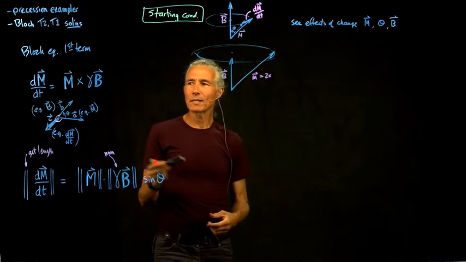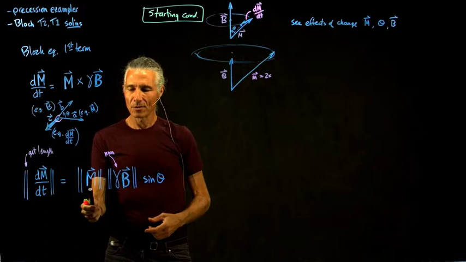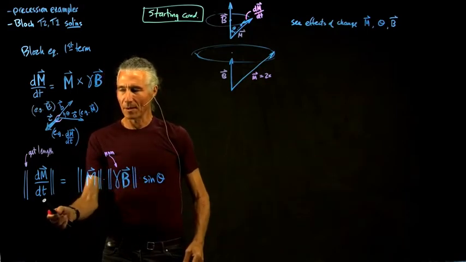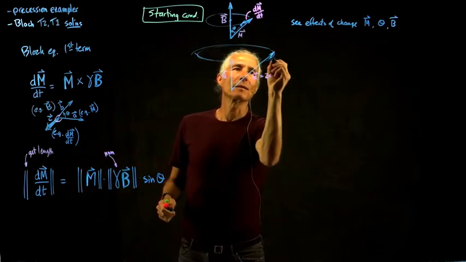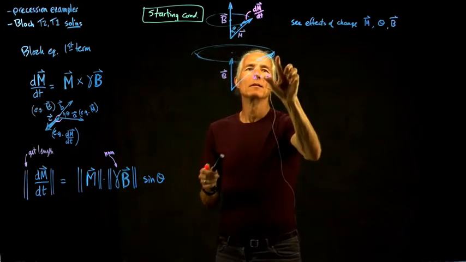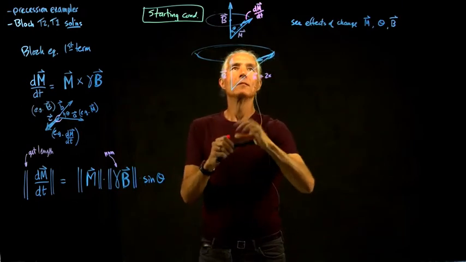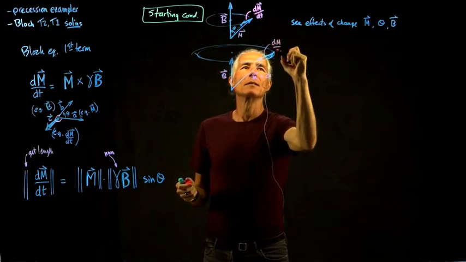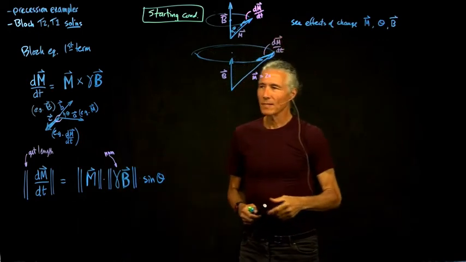Well, if you just look at this equation right here, we just doubled m, so it's just going to double dm dt. So dm dt is going to be twice as big. So here's dm dt. So dm dt will get twice as big.